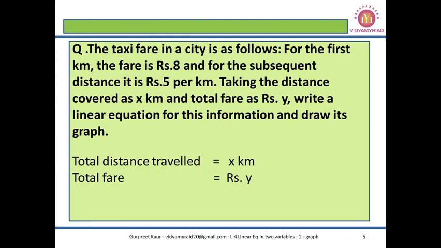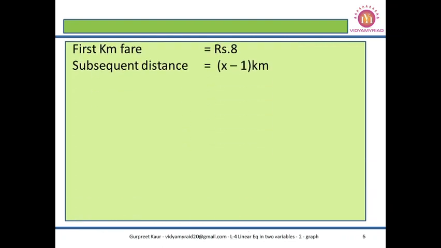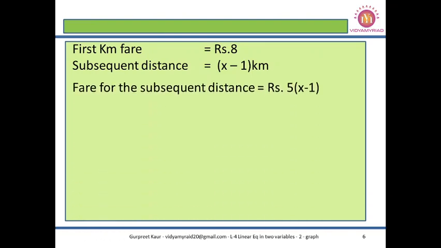So how are we going to form the equation? The first kilometer fare is rupees 8, that is told to you. The subsequent distance will be x minus 1, and for the subsequent distance 5 rupees is charged, so it will be 5 into x minus 1.